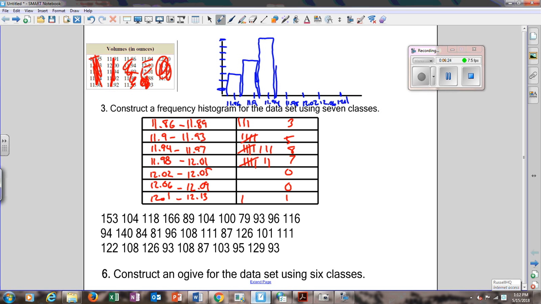And up to 7. 0, 0, and 1. So there's your frequency histogram. Pretty easy overall.